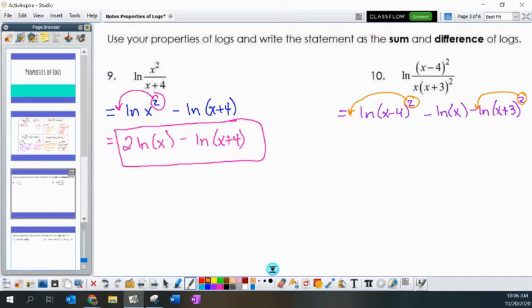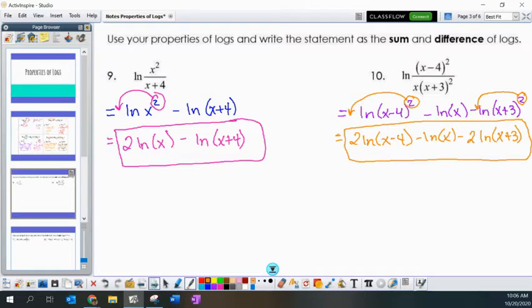So that would have been an indicator that you needed to do that differently. So this is going to be 2 times the natural log of x minus 4 minus the natural log of x minus 2 times the natural log of x plus 3. And so we split it into the sum or difference of logs.